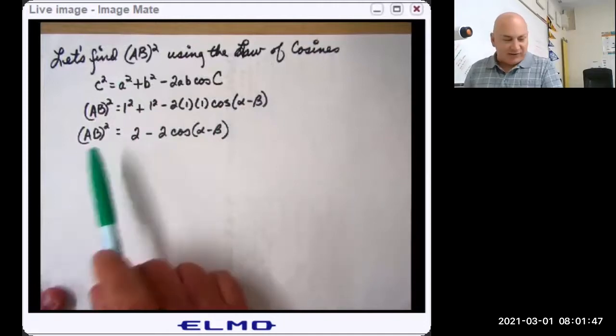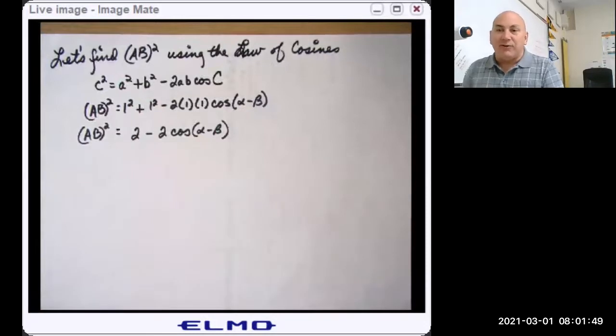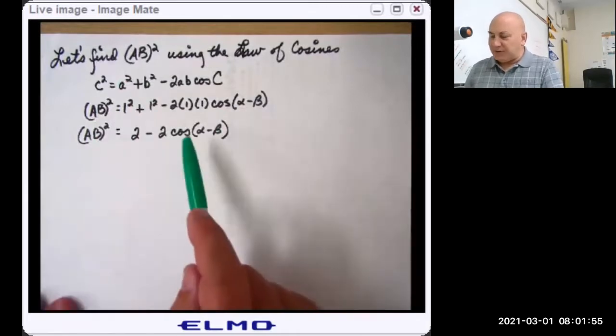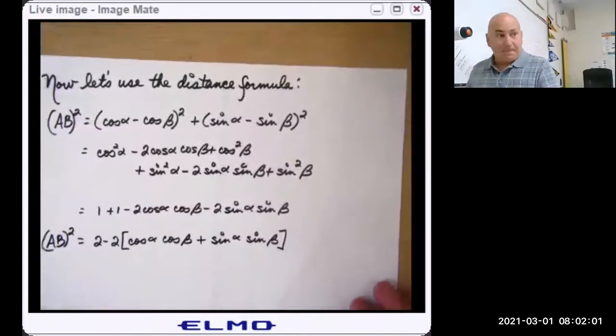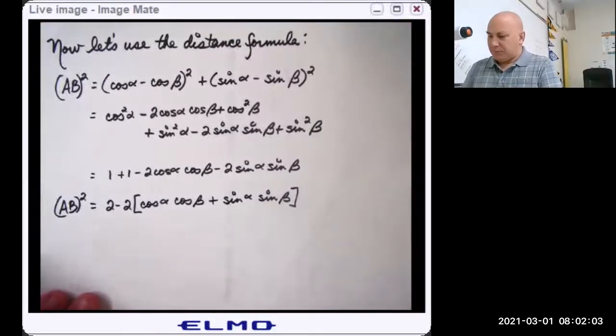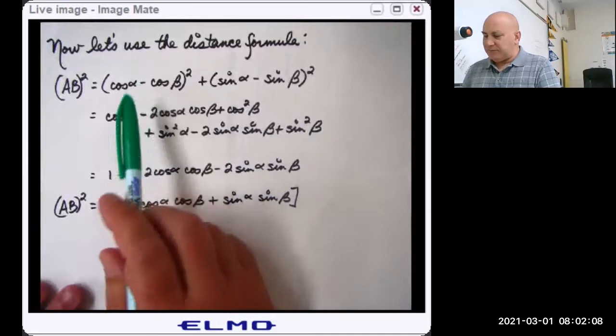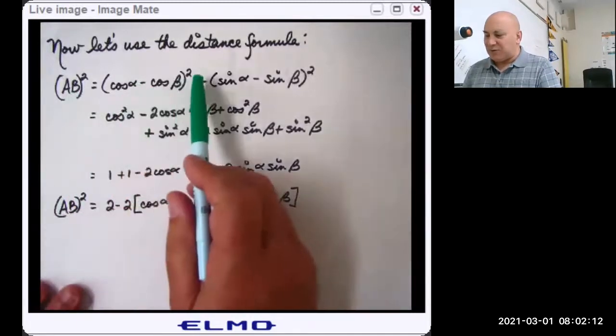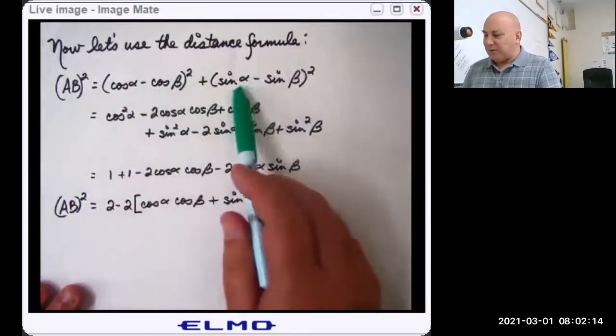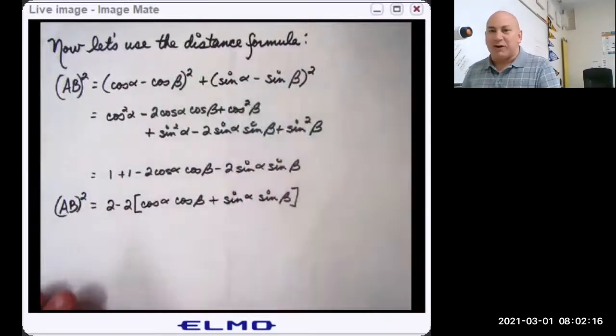Actually, we're not going to take the square root because now we're going to use the distance formula and find AB squared. And then we'll set this formula equal to the distance formula. So the distance formula says x2 minus x1 quantity squared plus y2 minus y1 quantity squared.